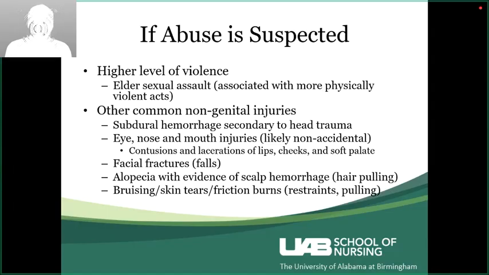So common injuries not seen in younger persons are subdural injuries after head trauma. Just a simple shake back and forth may dislodge the brain and cause the capillaries to bleed.